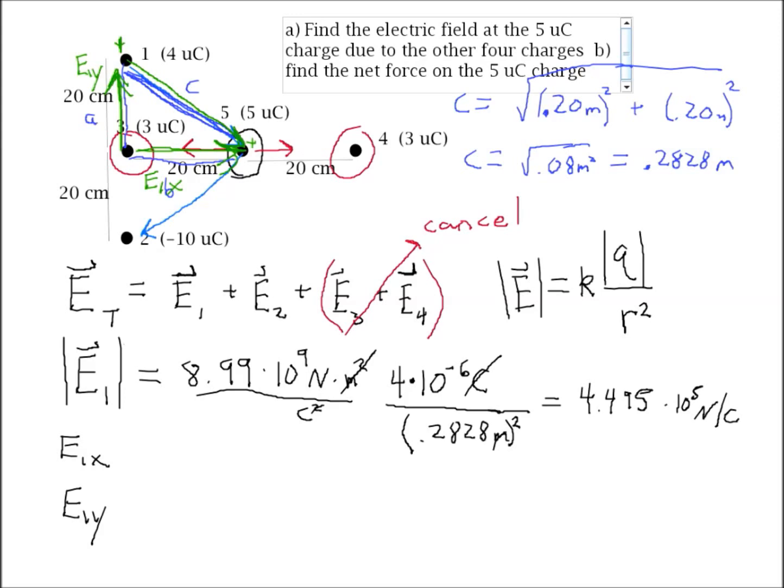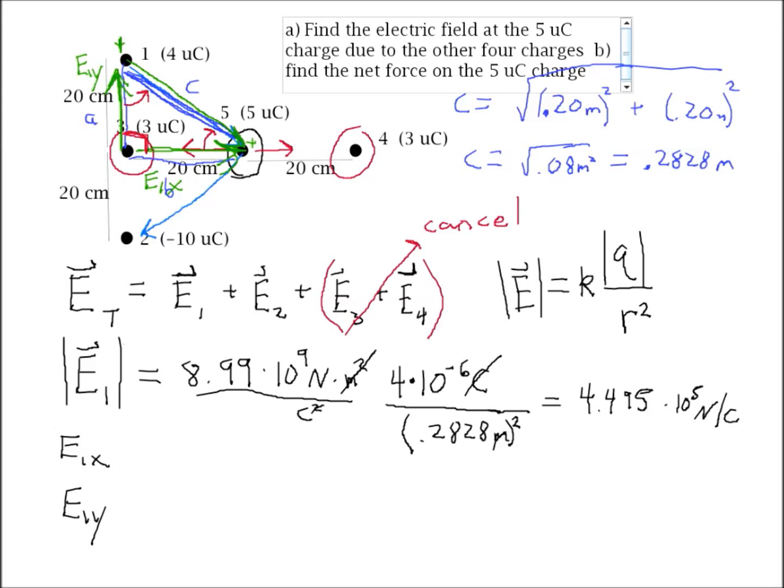Now, in order to find those, we need to use some trigonometry, and we'll need to find the angle. Fortunately, since both sides of this triangle are 20 centimeters, we know that this is a 45, 45, 90 triangle. Here's the right angle.